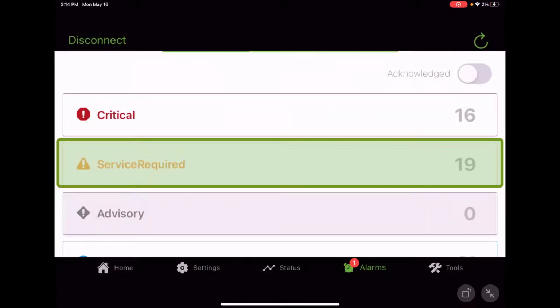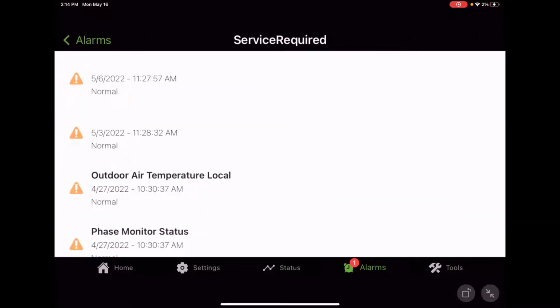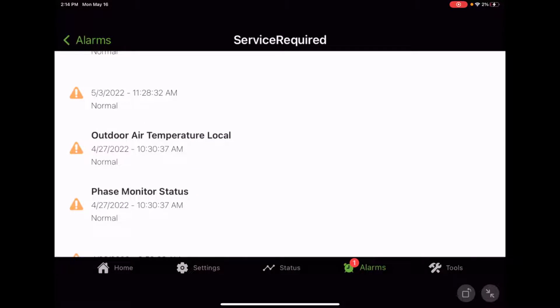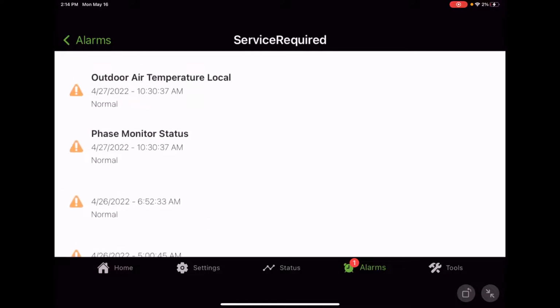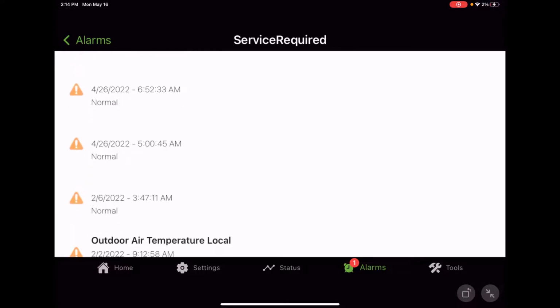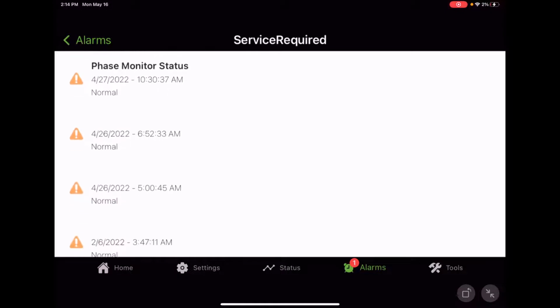So there's your critical. Service required is important stuff. We need to really check it out. It requires some service, but it may not be something that's going to lock out or prevent the unit from operating. Outdoor air temp, we need to know that, but it's not going to keep us from working necessarily. Phase monitor status, if that's not normal, that's going to be an indication that we can't run.